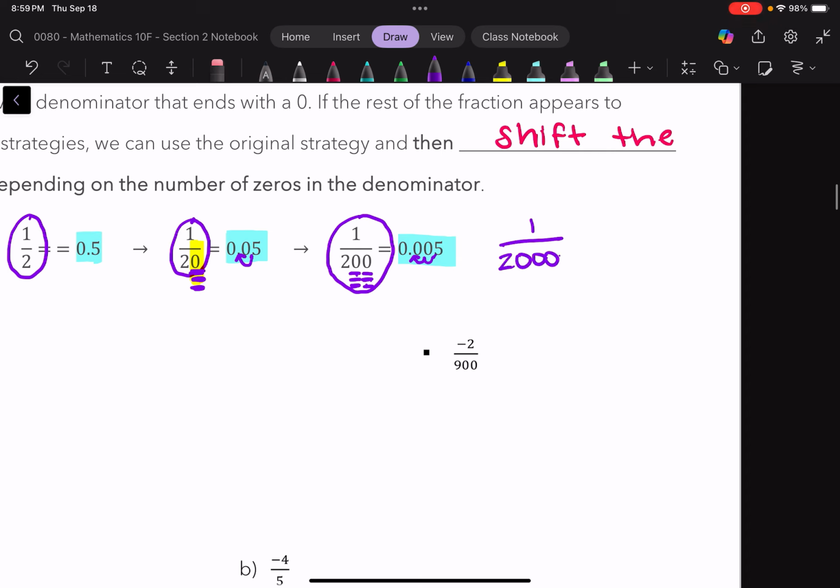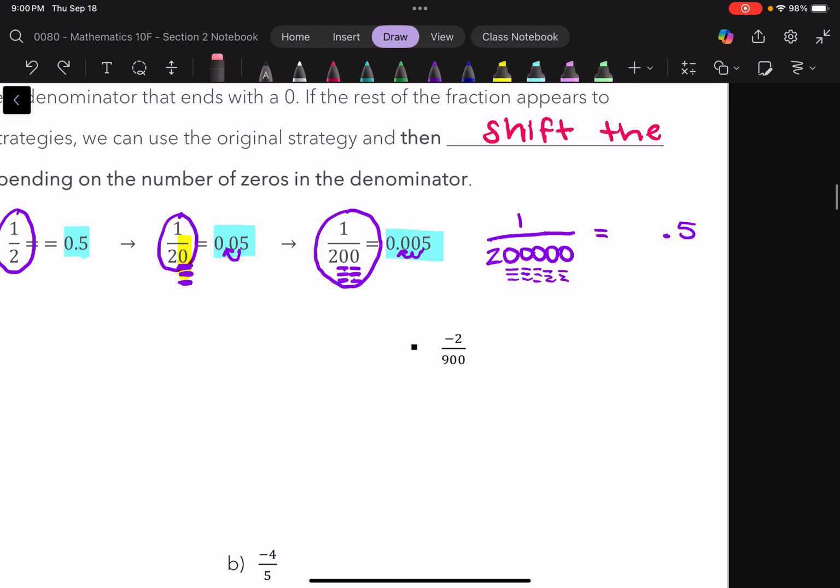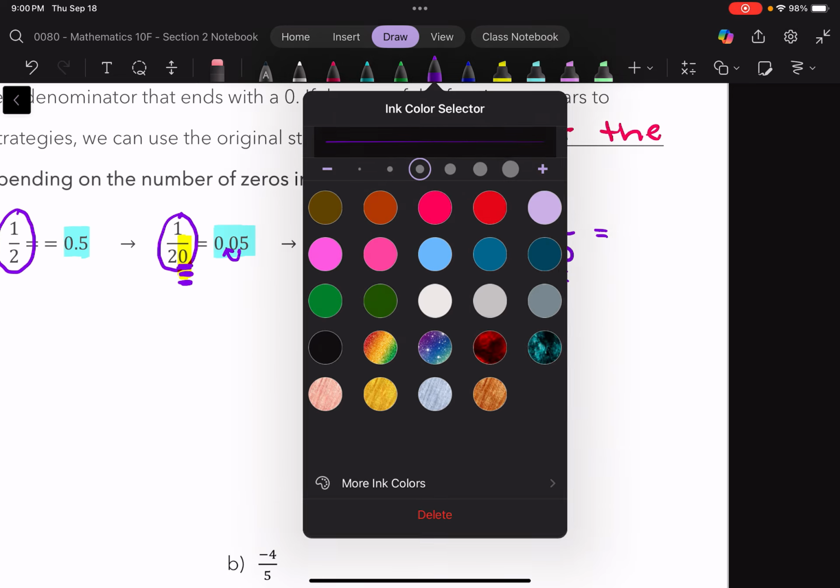If I looked at the fraction 1/2 with 5 zeros in the denominator, or 1/200,000, well, I have 1, 2, 3, 4, 5 zeros. I know that normally I would have 0.5 for 1/2, but that can't be the answer. I need to move that decimal place over 5 times. I think I wrote this too close. Try this again.